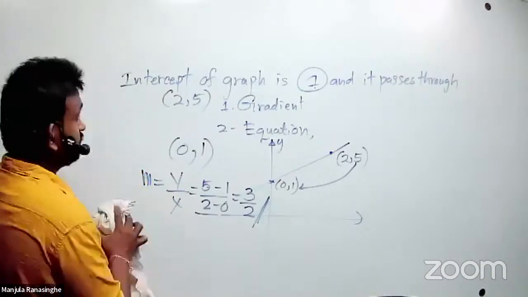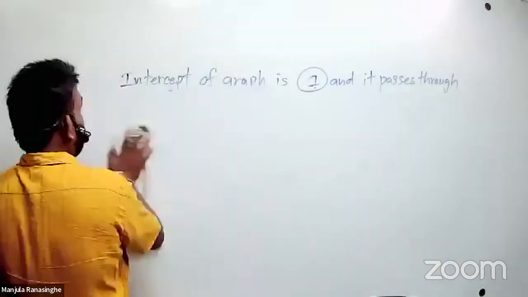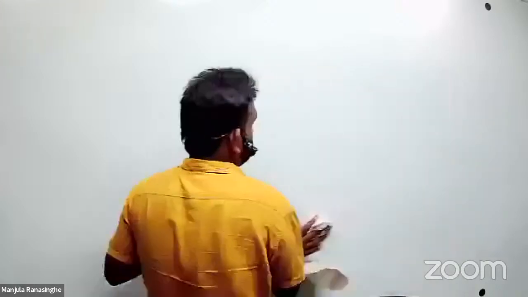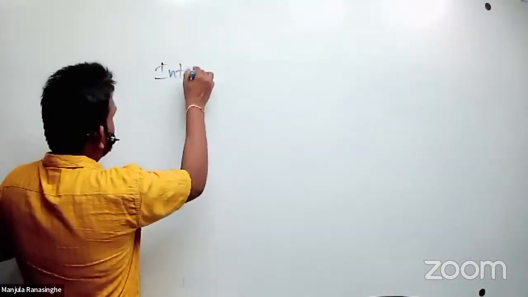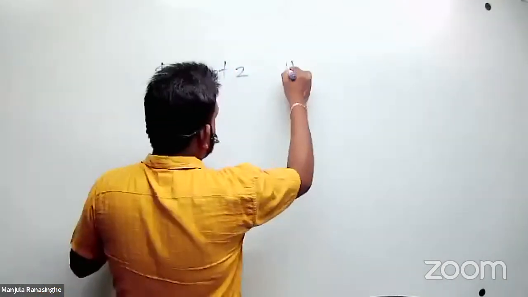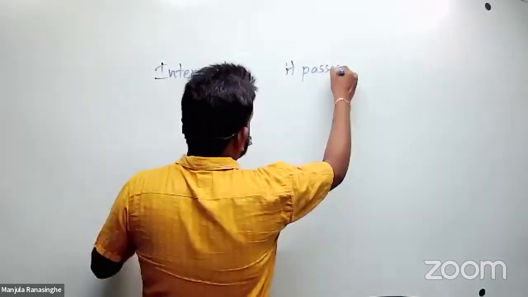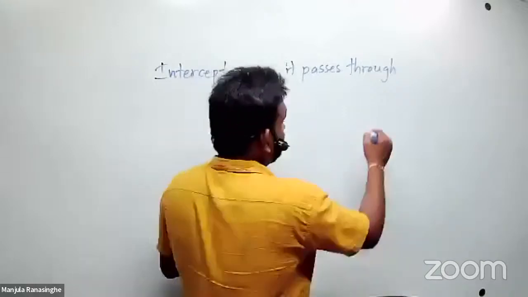Okay, now we are moving to another question. You can continue it. This is the second question, this is for you to do. Here we have the intercept 2, and it passes through the point 3, 6.